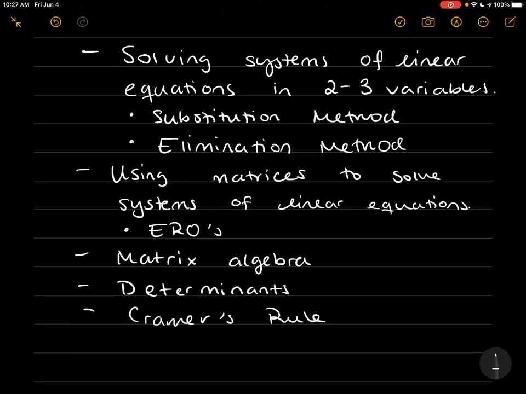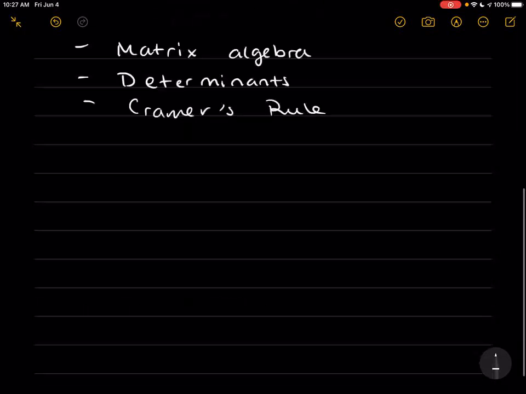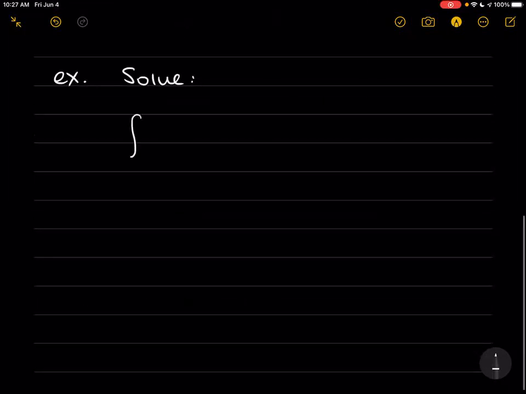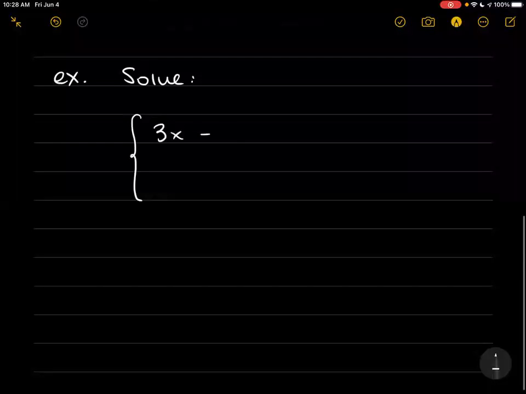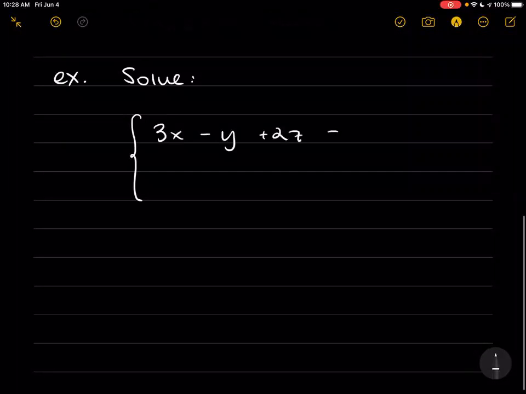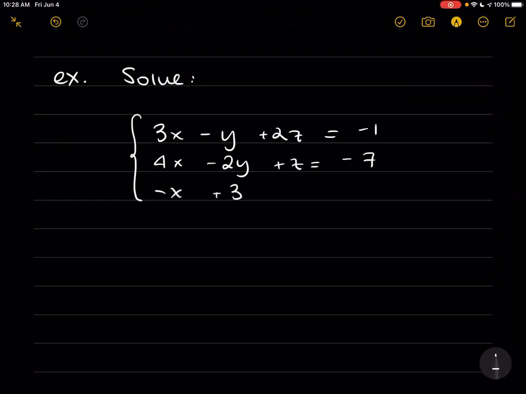Okay, so since chapter 10 was what we focused on since the past midterm, I'm going to go ahead and do another example of solving a system of equations. So let's say we want to solve 3x minus y plus 2z equals -1, 4x minus 2y plus z equals -7, -x plus 3y minus 2z equals -1.